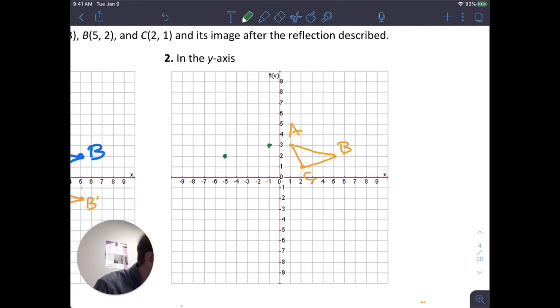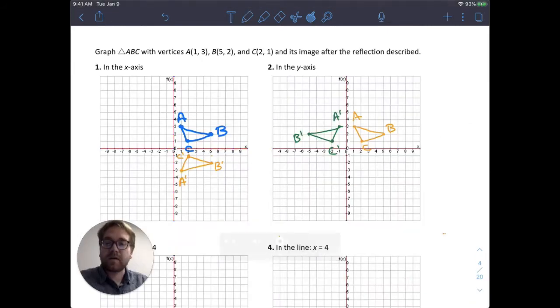And C is 2 jumps away, so it'll be 2 jumps to the left over here. So here's A prime, B prime, and C prime when it's reflected in the y-axis. So we're reflecting across the y-axis. All right, so let's continue with those examples.